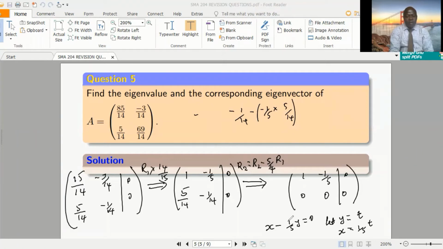Just check this on the other side of the equation. Because x is equal to 1 out of 5 y, but y is t, so it will be 1 out of 5 t. So at this point, we are in a position to get the eigenvector.